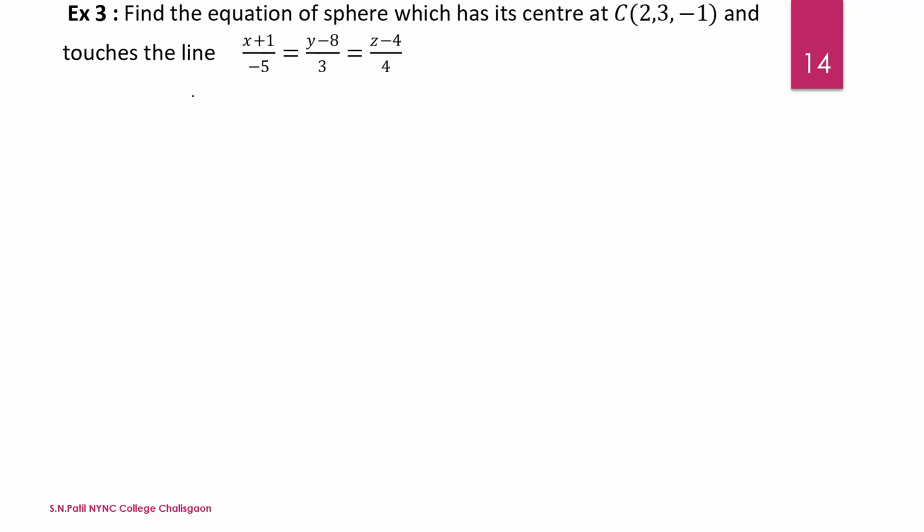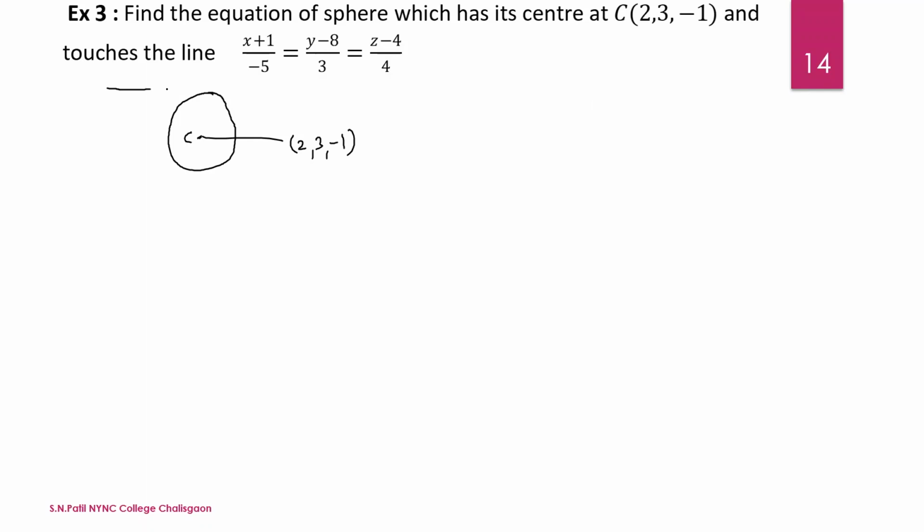Suppose this is the sphere whose center is known. The center, suppose C, is given as (2, 3, -1), and this symmetrical line is given, which touches the sphere.